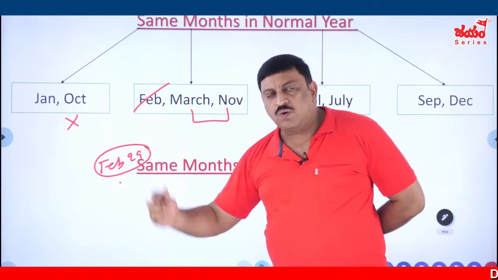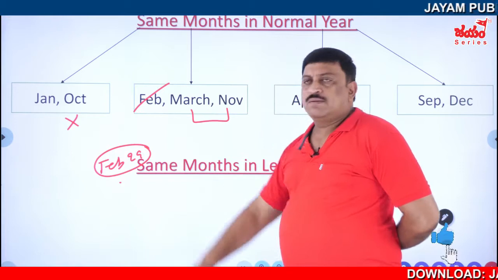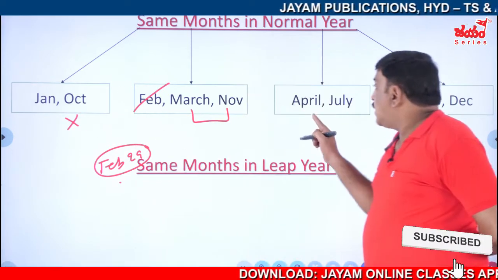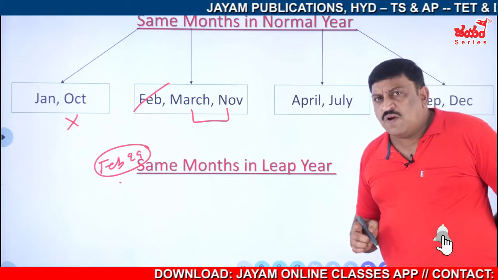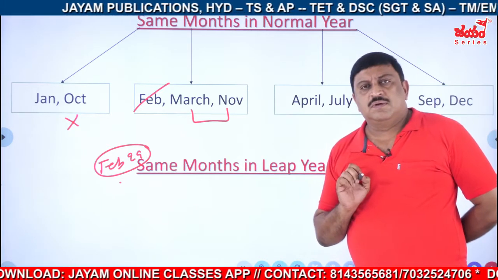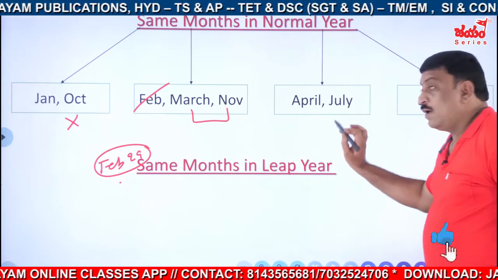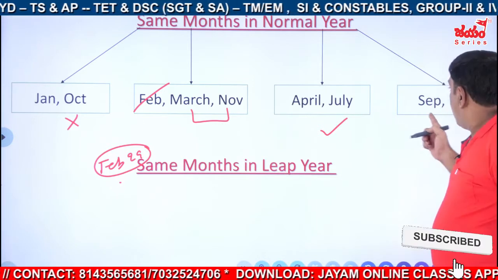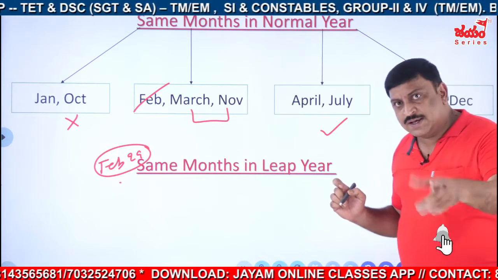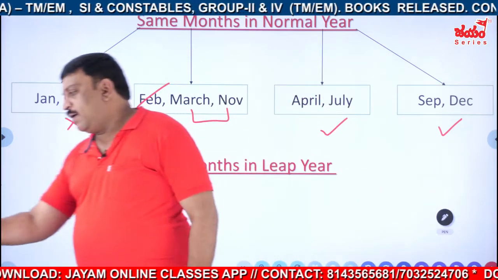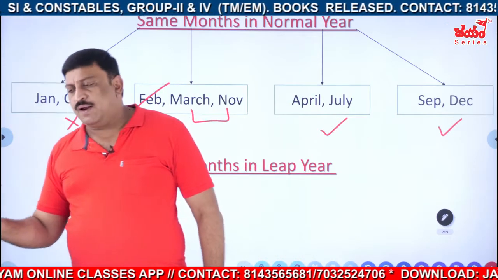So this won't happen. And here, April, July. Will February 29th disturb April and July? No. Even this one also, right? So, no problem. This one happens. September, December? Even September, December? No problem. It will also be same thing, that is, right?